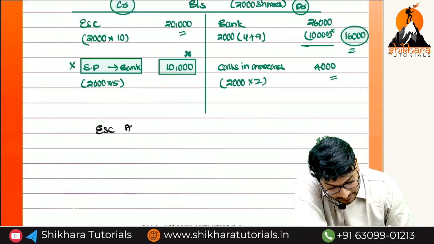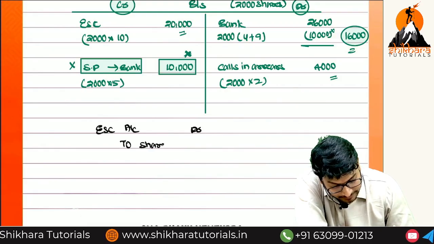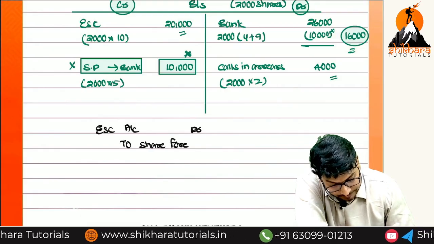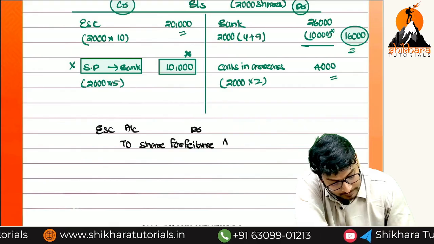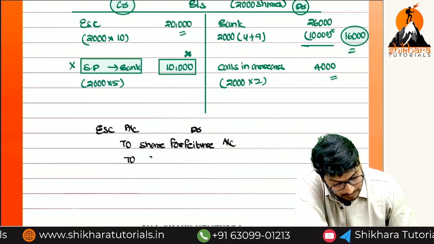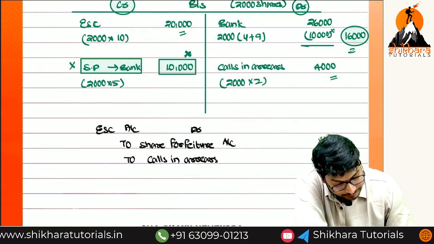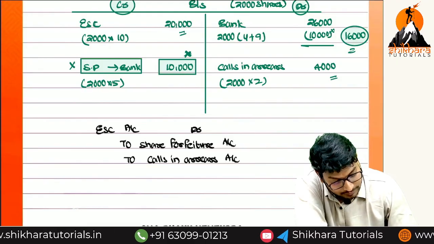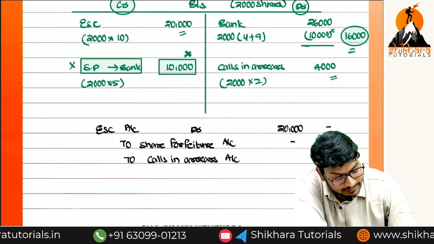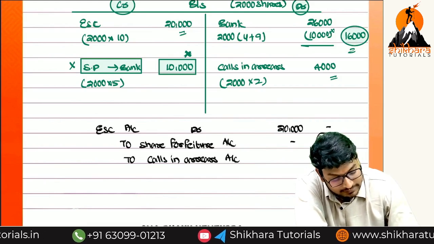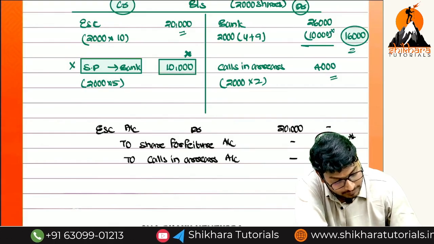Equity share capital account debit to share forfeiture account, to calls in arrears. How much amount? 20,000. Here we should show only 16,000. So highlight this one. And next one, 4,000.